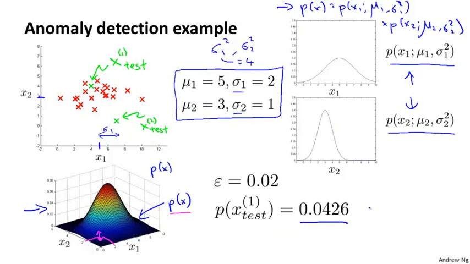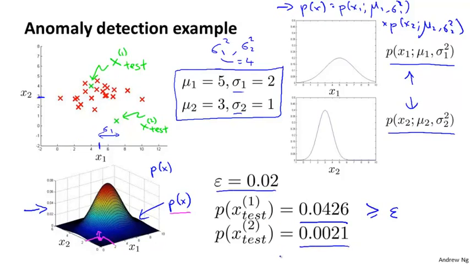In particular, this is greater than or equal to epsilon, and so there's a pretty high probability, at least bigger than epsilon, so we'll say that x1 test is not an anomaly. Whereas if you compute p of x2 test, that gives a much smaller value, so this is less than epsilon, and so we'll say that that is indeed an anomaly because it's much smaller than that epsilon that we chose.